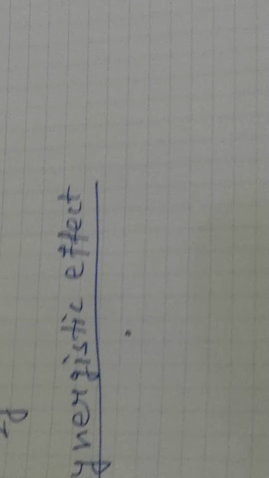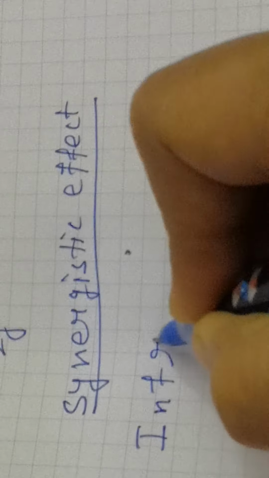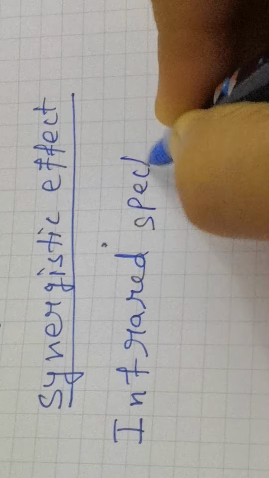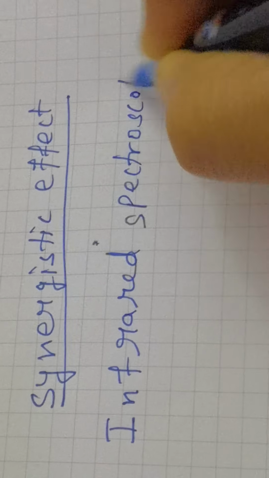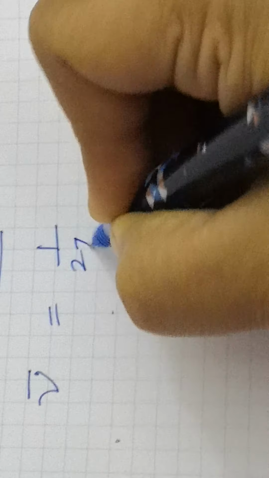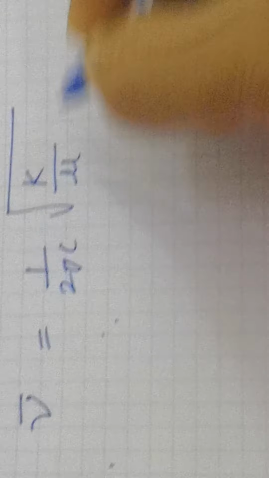Here, we can see it in infrared spectroscopy. This is related to the frequency and the wave number by 2 pi c root k over mu.